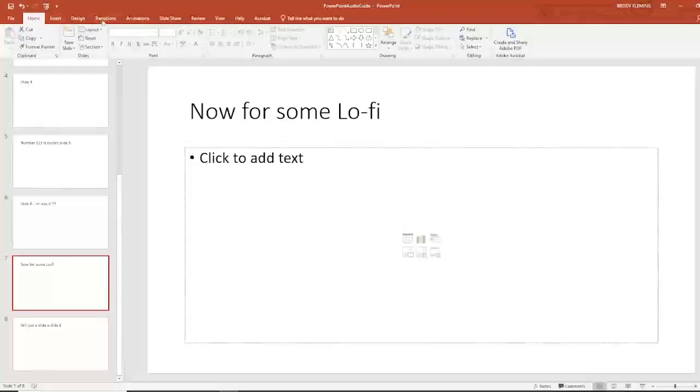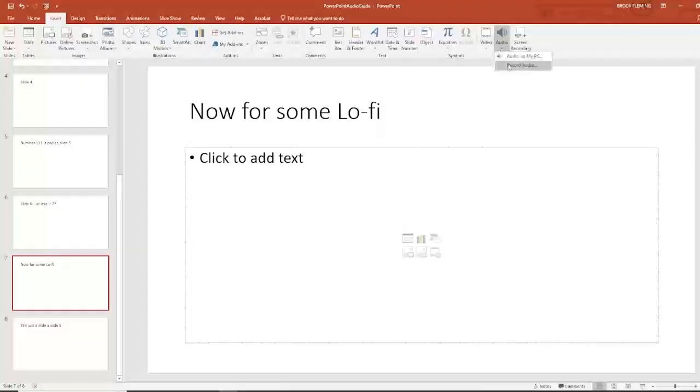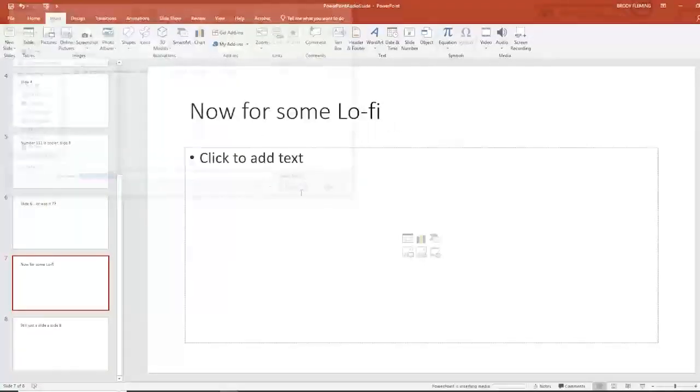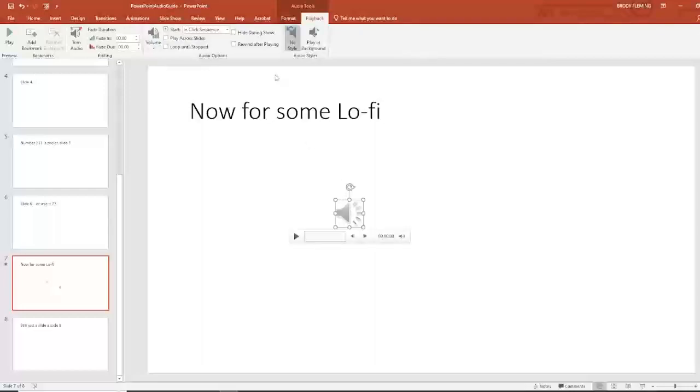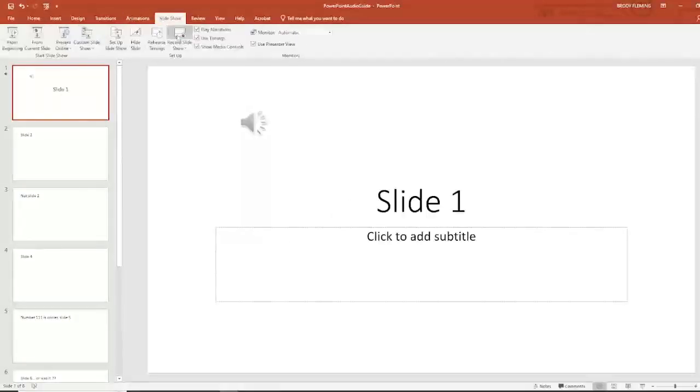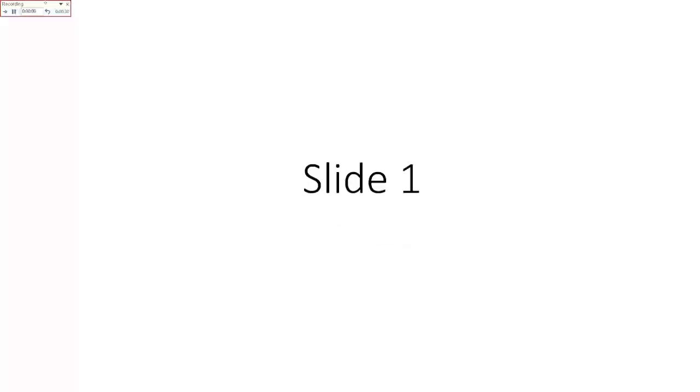So this is all fine and dandy, but let's insert a second song. Go through your same process, insert audio from my PC, and then this. Now we can go through the same thing, play in background. This one's fine, we won't trim it for now. And now, let's go through our process of rehearsing, like normal, right?